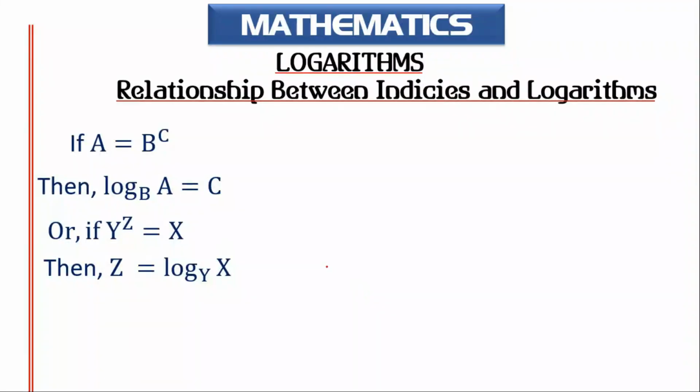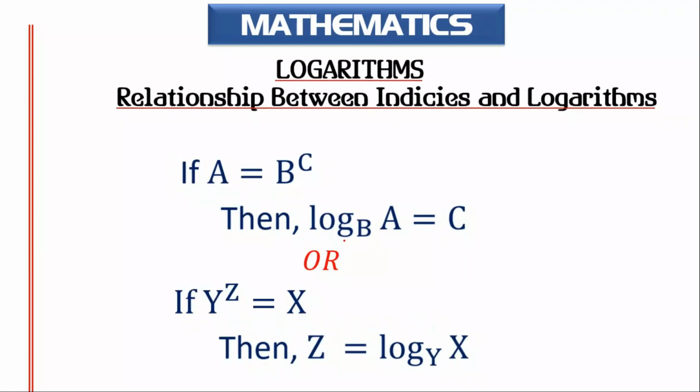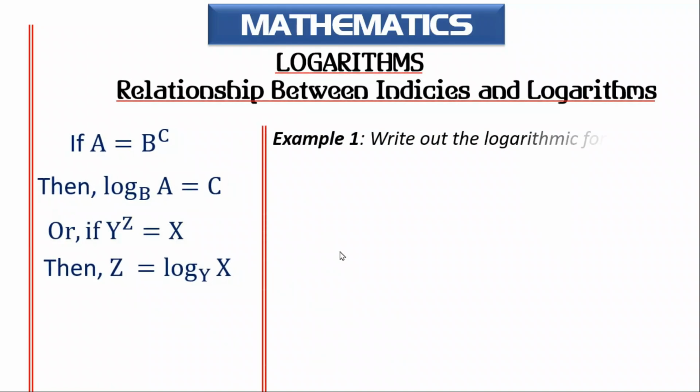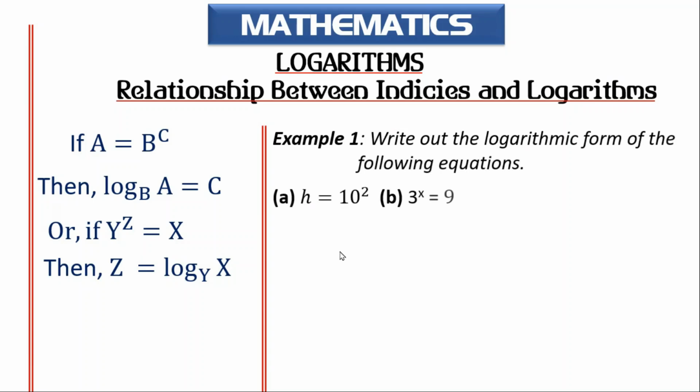Now, knowing that this is the law as it has been established, let's take a look at one or two examples to demonstrate that relationship. So if you have h equals 10 raised to power 2, if you're going to write it in logarithm form, what are you expecting to have?